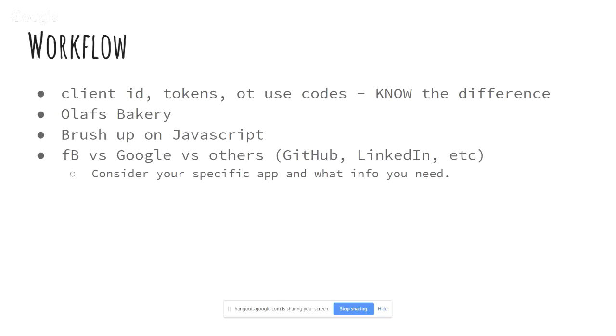So if the flow doesn't make too much sense, and you don't really know what the client ID, the token, and the one-time use code are, then I would recommend going to Stack Overflow. I'll share the link with you guys. Read through Olaf's Bakery, and then the first comment, which goes through the complementary reading that's more specific, to really solidify the concept.